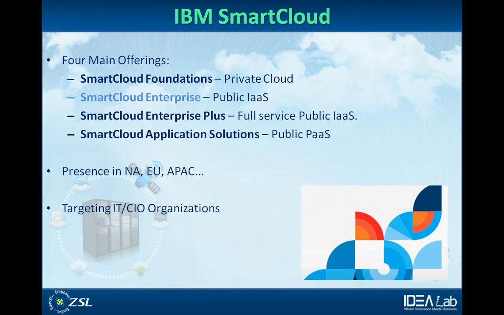So there are 4 main offerings within IBM's Smart Cloud service. One is Smart Cloud Foundations, which is all the different software stack and the hardware that is required to deploy a private cloud.